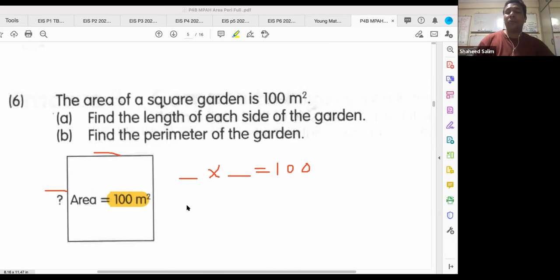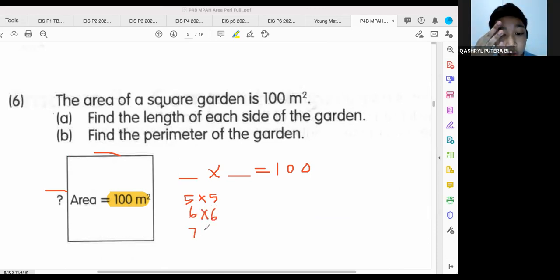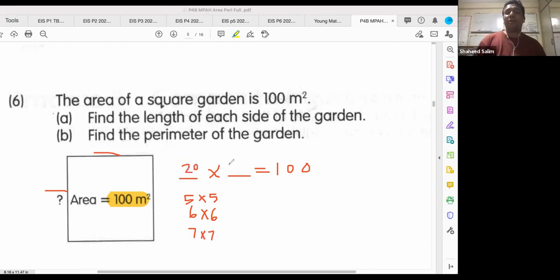Come on, you know lah. Neris, you know, Neris. What times what equals to 100? 5 times 5, 25. 6 times 6. 7. Is it 20 times 5? 20 times 5 is not the same, you see. If you say this one 20, this one 5, a square, both sides are the same.